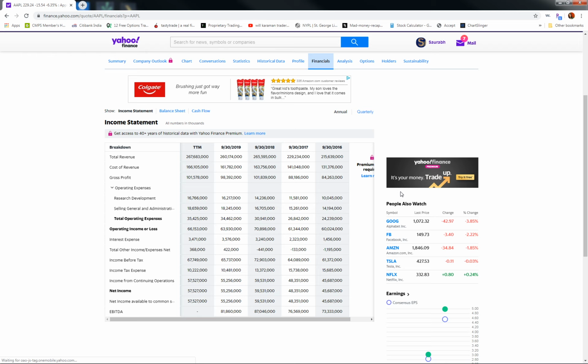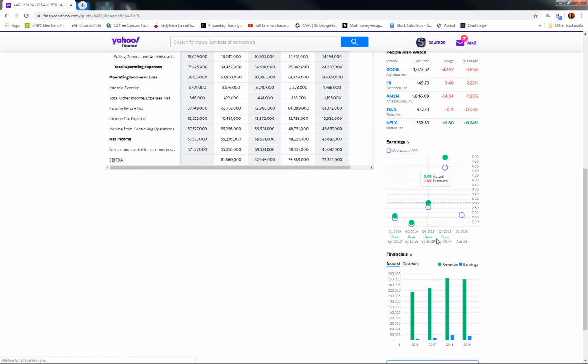The first thing I look at is the earnings right here, because it tells you how the company is doing quarter over quarter. You can see this purple circle over here. That's the expectation, what the analysts are expecting this company to do. The green dot shows it is beating that expectation.